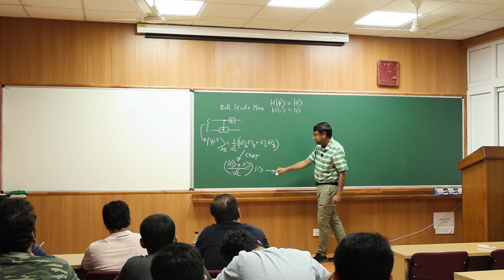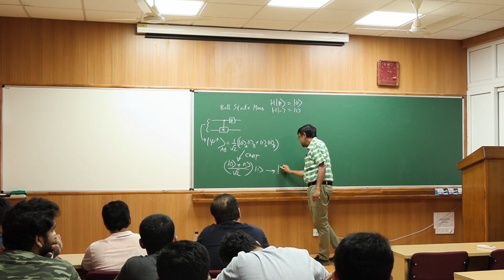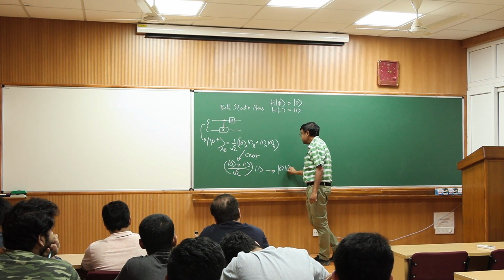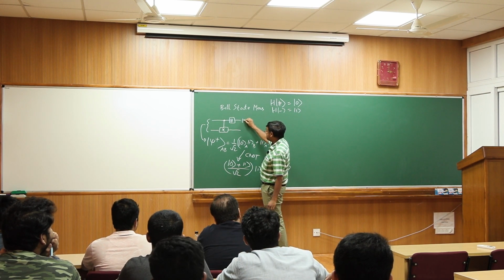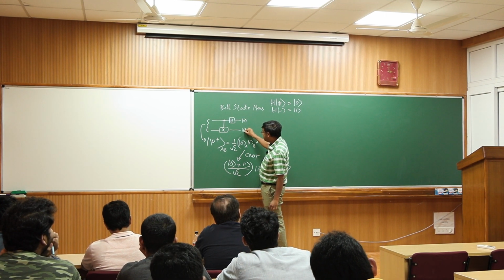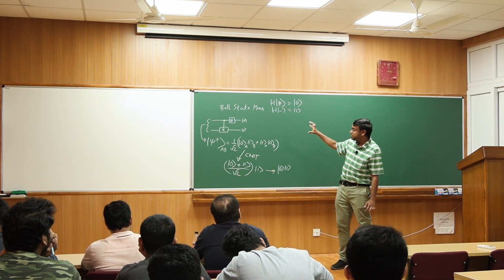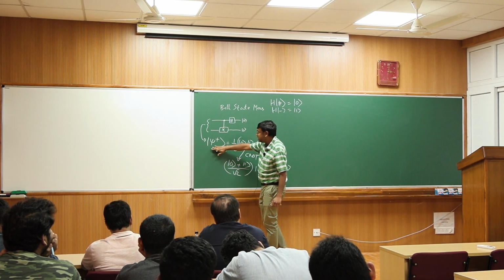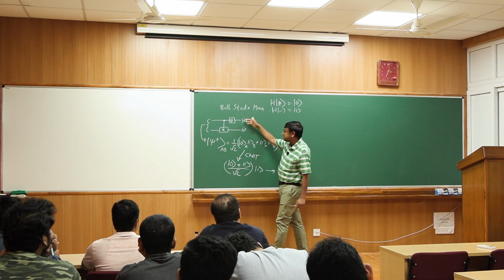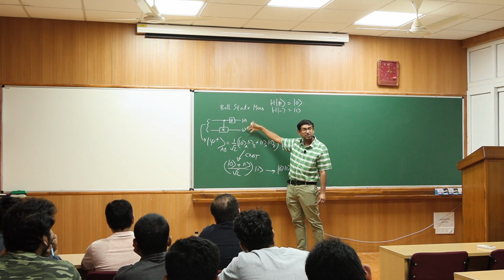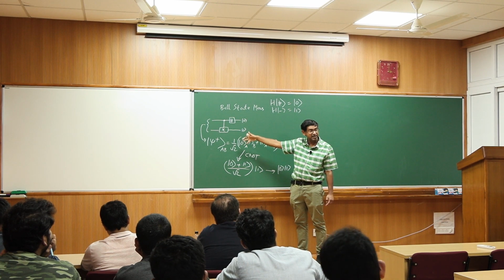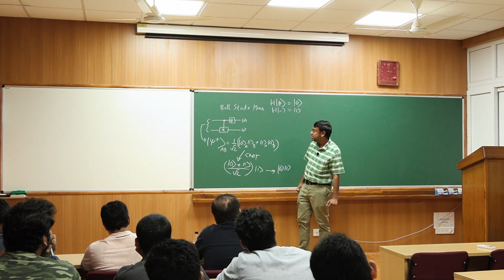So this will convert to 0, 1. In quantum computation, what we measure is always in this kind of basis, called the computational basis. So by measuring this, you can tell whether it was psi plus. When it's psi minus, it will be something else, 1, 0. So all four possibilities will happen.